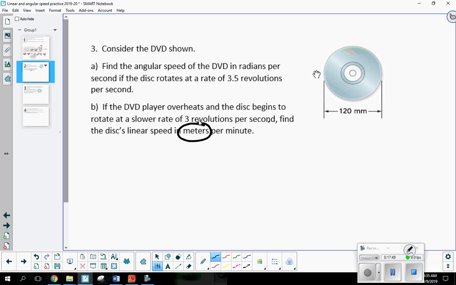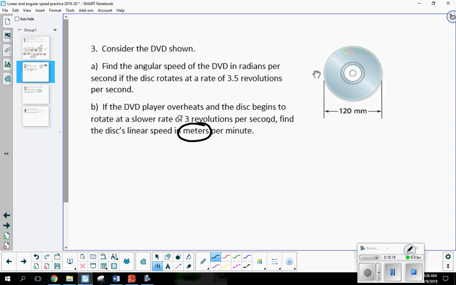If you're going to go straight from millimeters to meters, 1 meter is 1,000 millimeters, or you could go through centimeters. 1 centimeter is how many millimeters? 10. And how many centimeters are there in a meter? 100. So there are different conversions depending on how you want to do that.